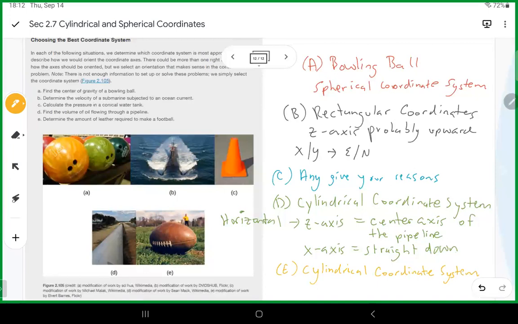The z-axis would align with the axis of the ball. The origin could be the center of the ball or perhaps one of the ends, and then the position of the x-axis is arbitrary.